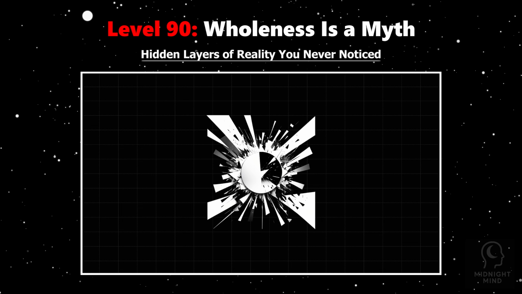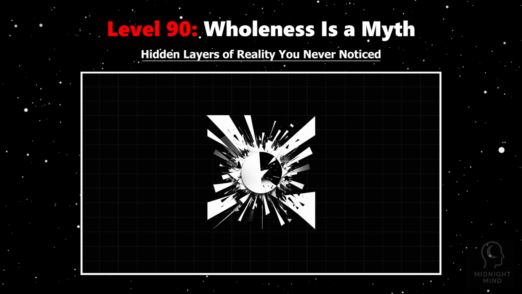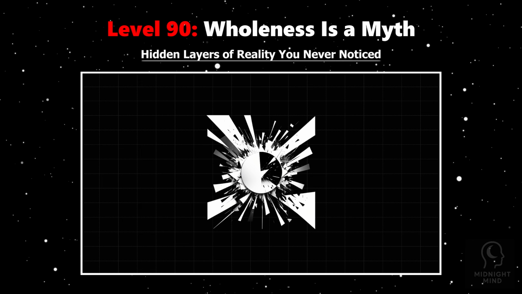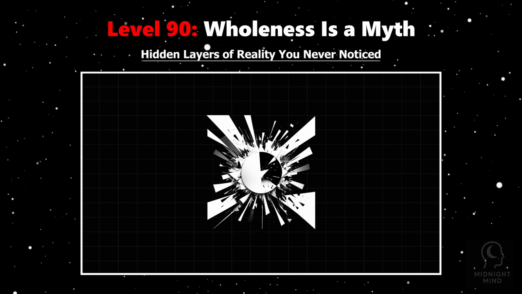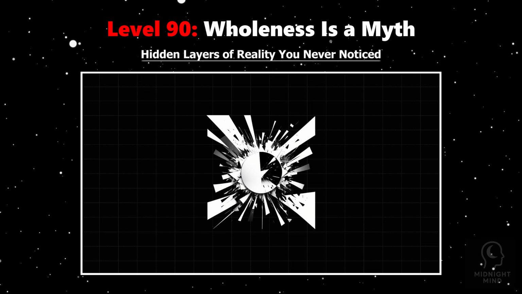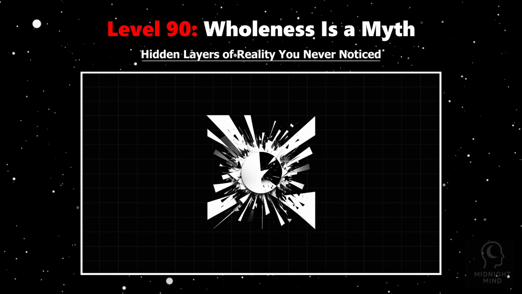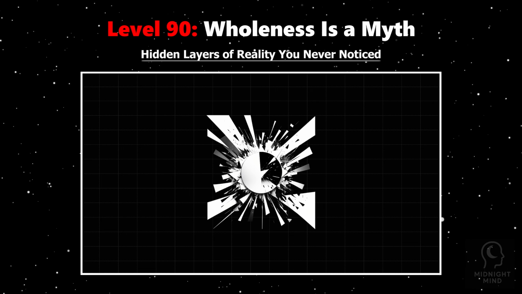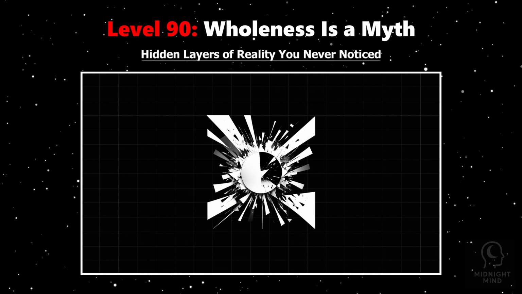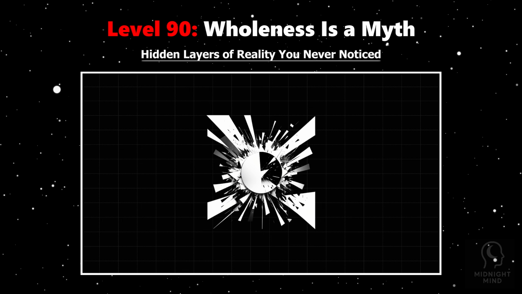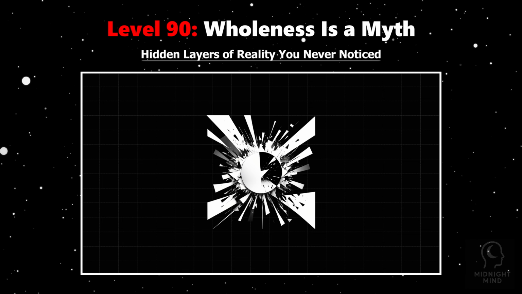Philosophers from Heraclitus to modern thinkers argue that change and flux define existence itself. Wholeness, then, is a myth born from desire for stability in an ever-changing mind. Recognizing your fragmented nature frees you from unrealistic expectations and invites compassion for yourself and others. You are not incomplete. You are vibrantly, beautifully real because you are a living constellation of parts in constant motion.